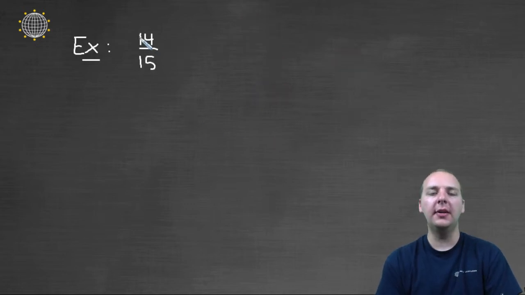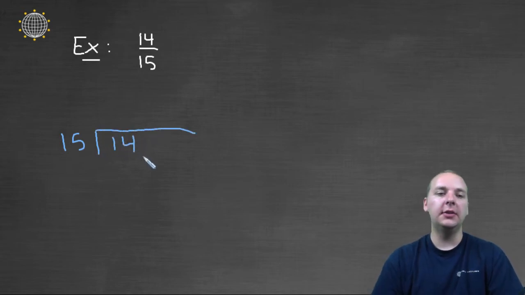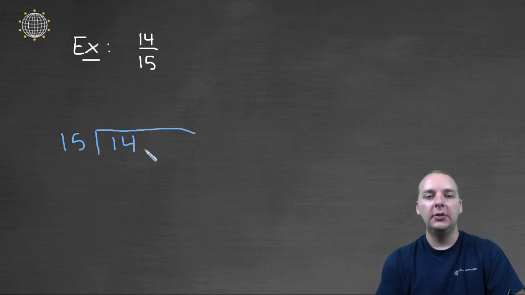Let's say we had 14/15. This is a fraction. I want to write it as a percentage. So I'm going to first of all write it as a decimal. I'm going to take 14 and literally divide it by 15 using long division. Okay, 15 doesn't go evenly into 14, so I will need to add in a 0.0 to make it large enough.